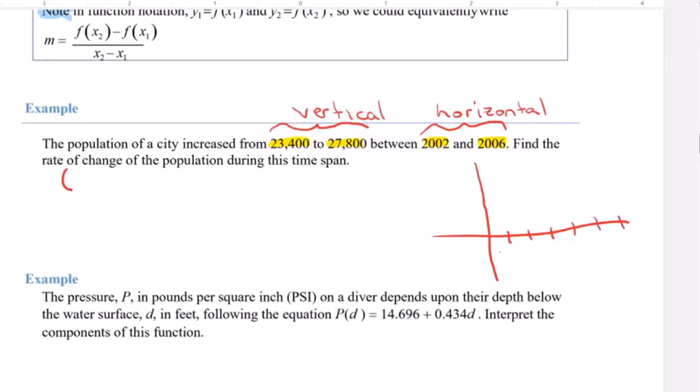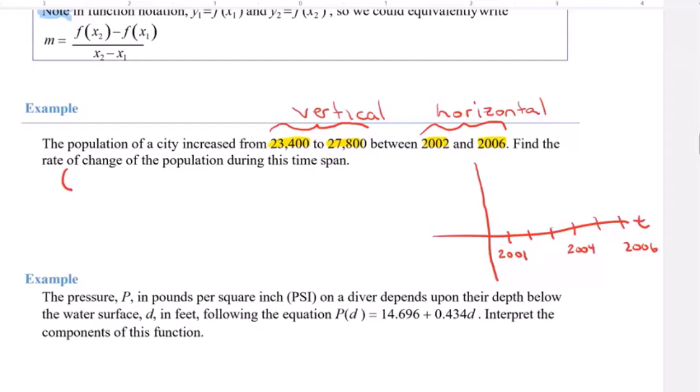So this would be 2001, 2, 3, 4, 2004, 2006. And this we'll call T for time.